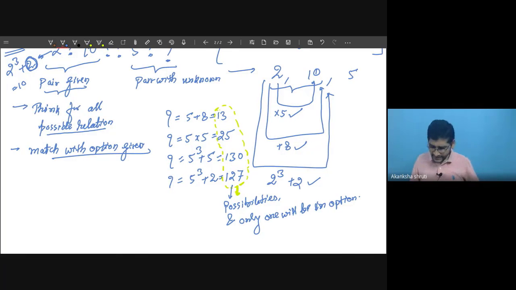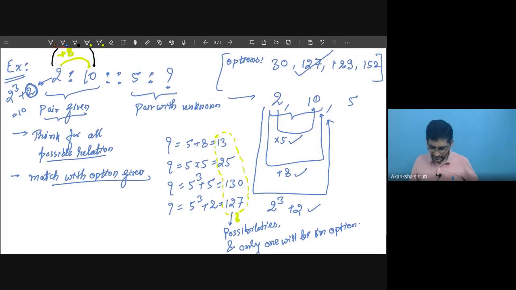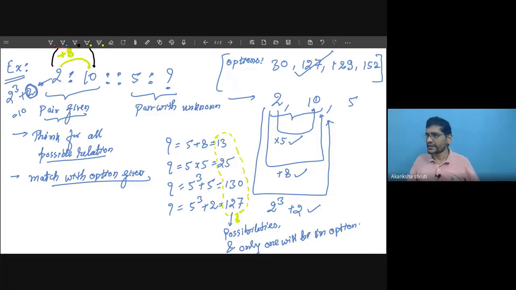Getting? So in this case, you have to keep in mind, in the question of analogy, we have to search for all possible relations, because your answer may not match. So many a time, applying just a very simple rule, you are not able to get the answer, then a student thinks that the question is wrong. No, student, there may be certain other relation based on which the question is framed.